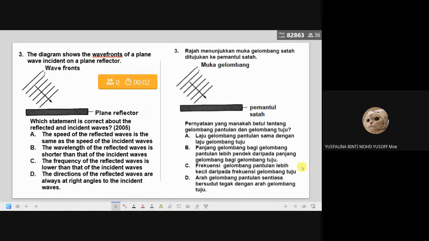All right, next question. It says here the diagram shows a wavefront of a plane wave incident on a plane reflector. Which statement is correct about the reflected and incident wave?